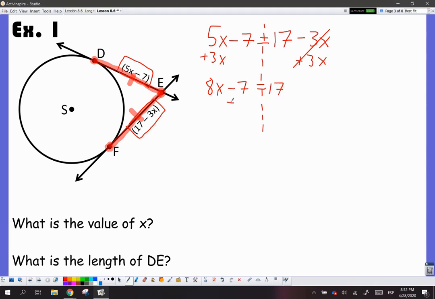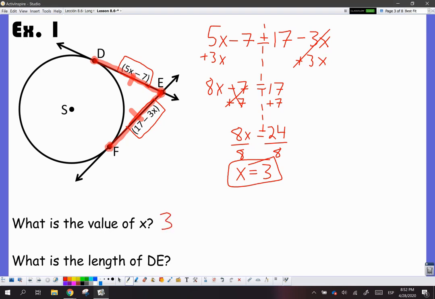And now I'm going to cancel out the minus 7 with plus 7. And I do that on both sides. So I get 8x equals 24. And I divide both sides by 8 to get 3. So the value of x is 3.